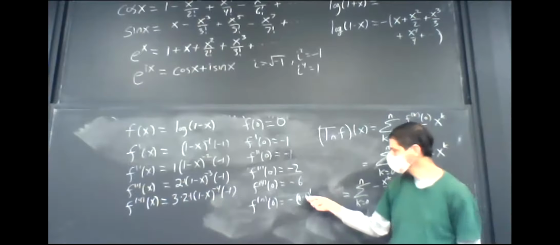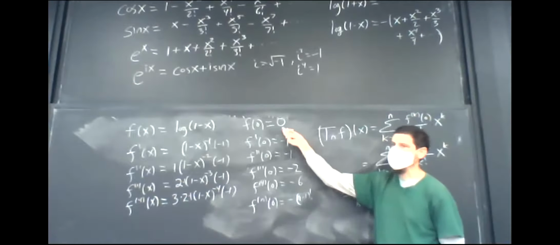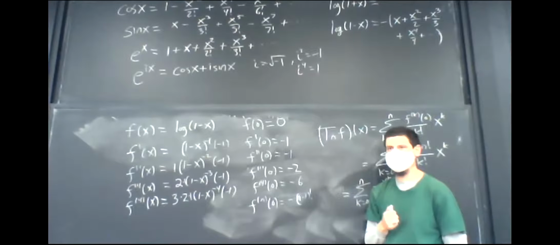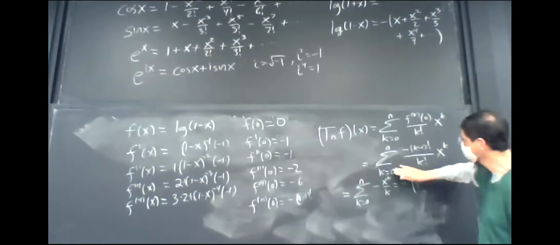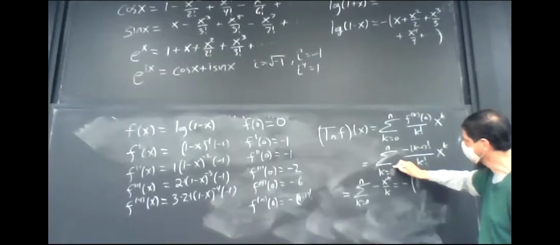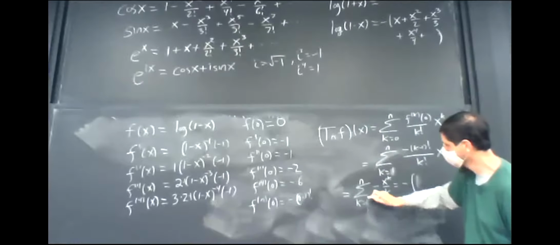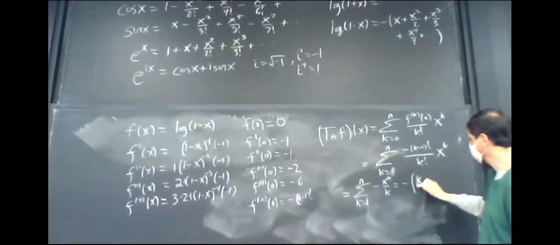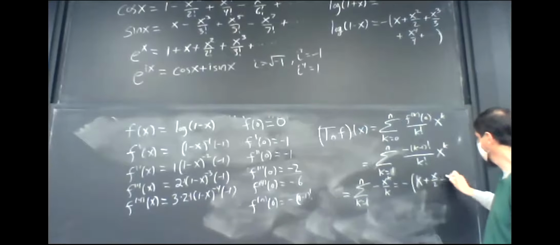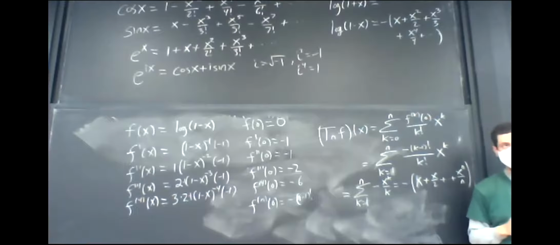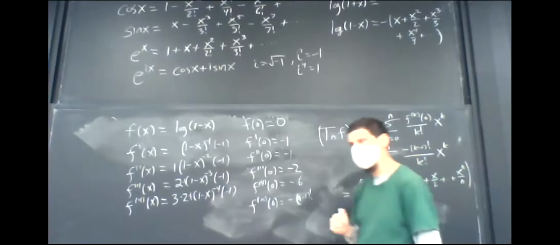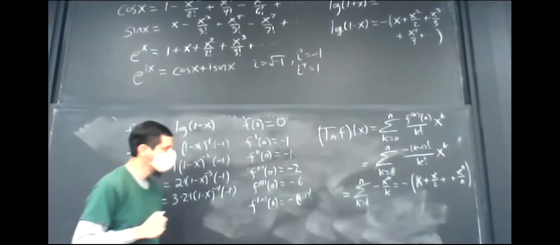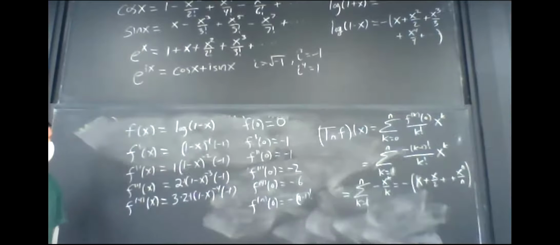It's equal to n minus 1 factorial except over here. And so really the sum should not start at 0, it should start at 1. And so I'll just get x plus x squared over 2 all the way up to x to the n over n. And that's a really nice application of the theory of Taylor series.